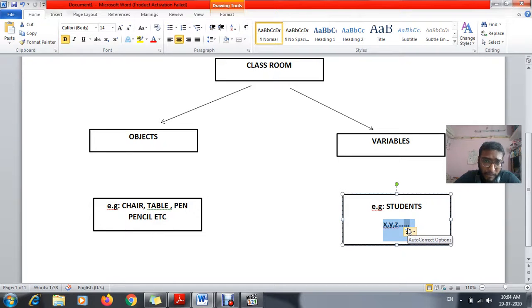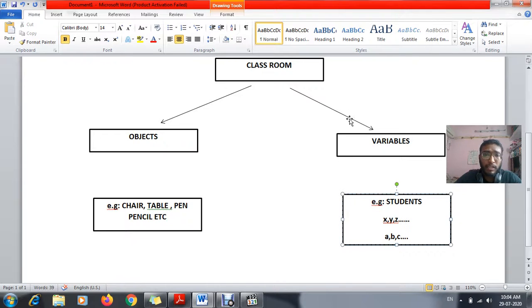That means any alphabets will be considered as a variable. It depends on us which variables we want to declare. Okay, so don't think that we can only use xyz. It's not necessary. A, b, c, p, q, r. That means any alphabets will be considered as variables.